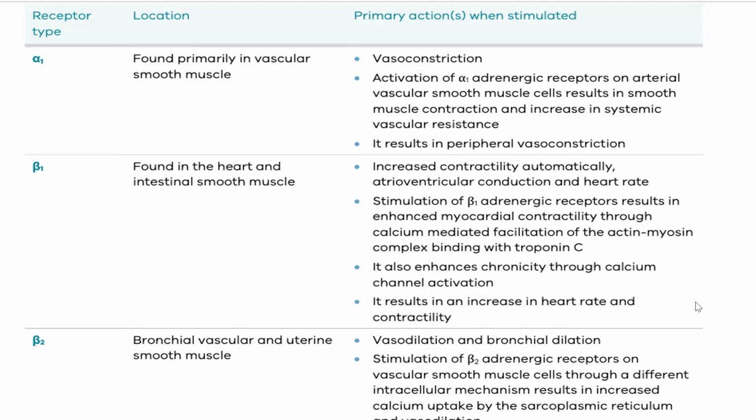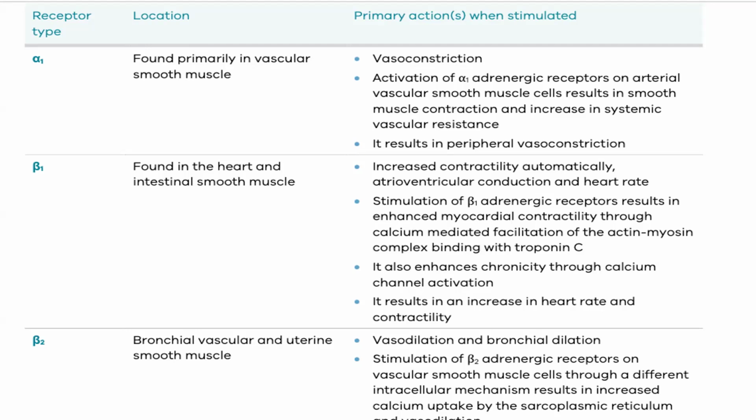Beta 1 is primarily found in the heart and to some extent the intestinal muscle. So this is one of the major sympathetic receptors that is also targeted by most of our pharmacological agents, and they directly increase inotropy, in terms of your cardiac contractility.